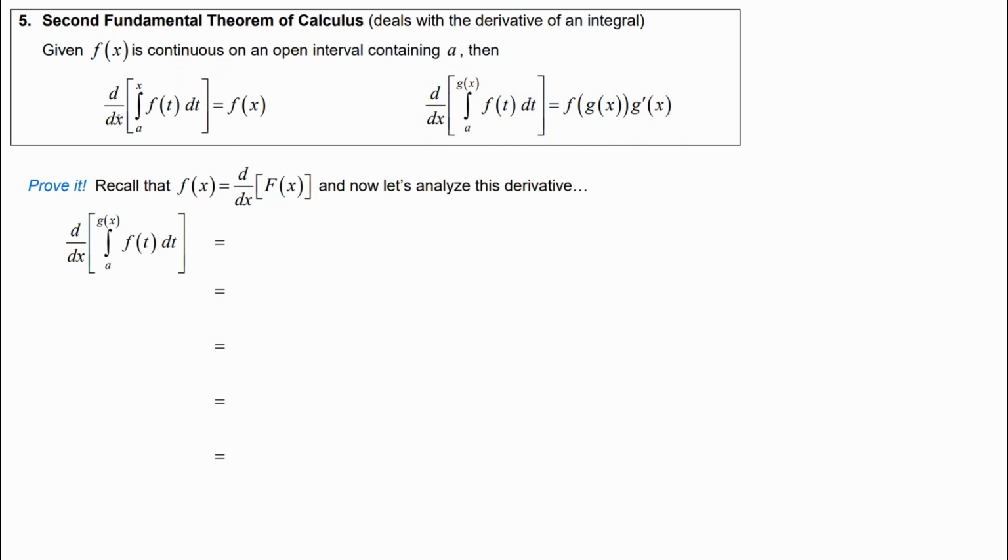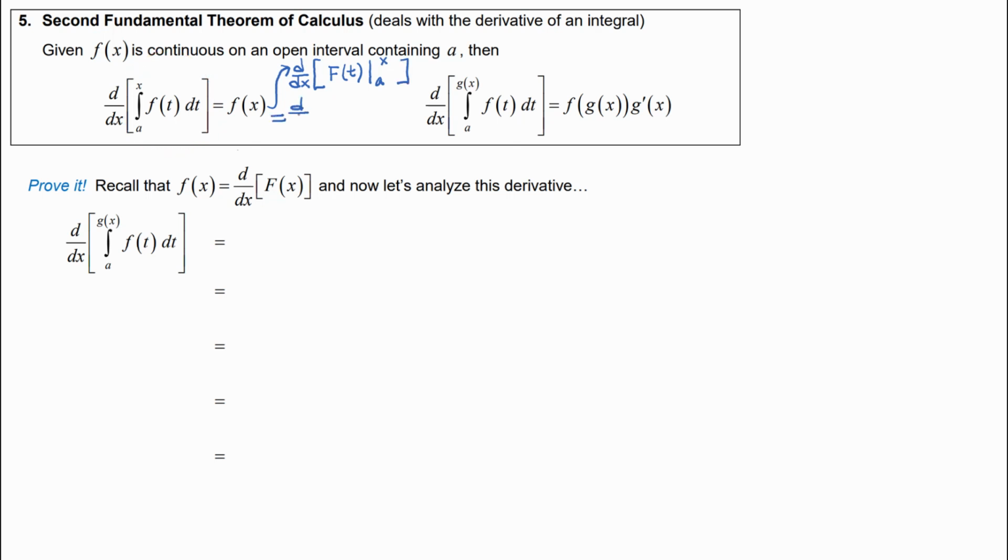Okay, so the derivative of the integral from a to x of f of t dt is f of x. Why is that? So let's say the antiderivative of little f of t is capital F of t. So d dx of, once I take the integral of little f of t dt, I will get the antiderivative capital F of t going from a constant a to x, right?